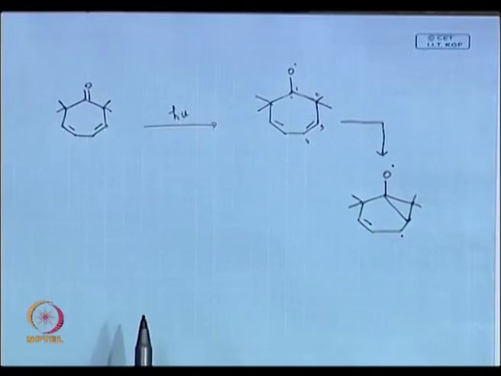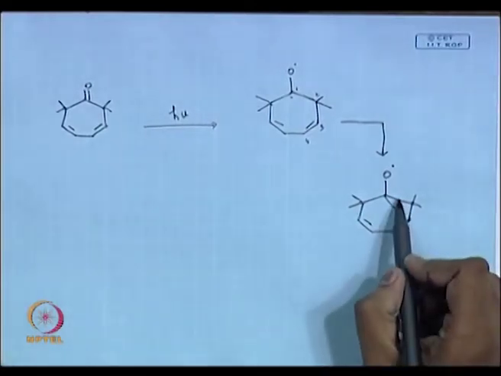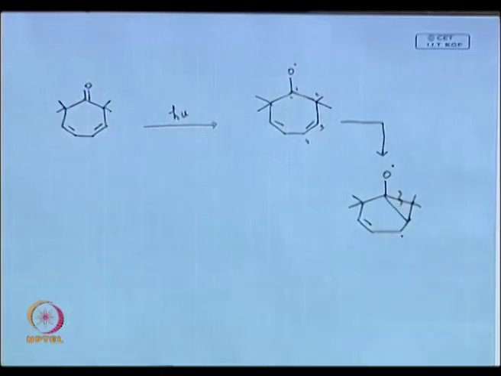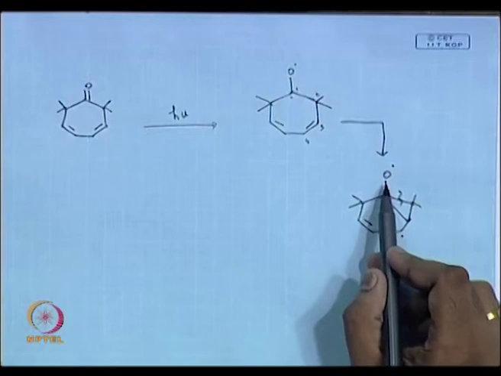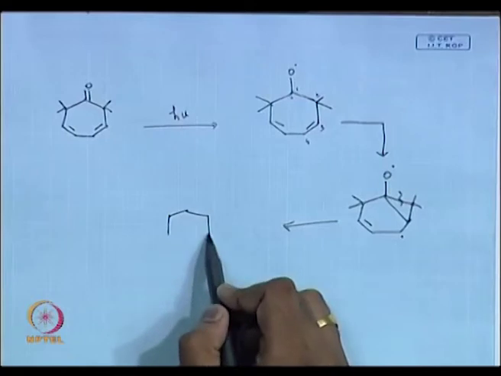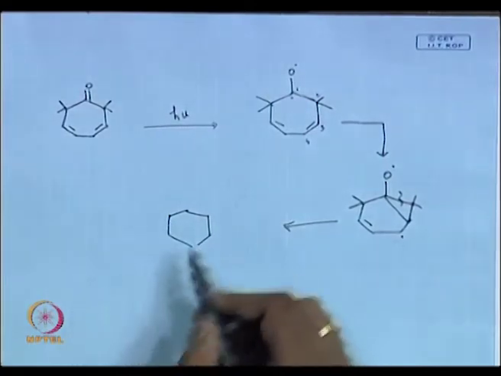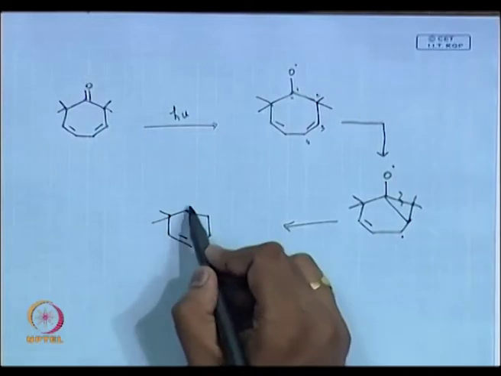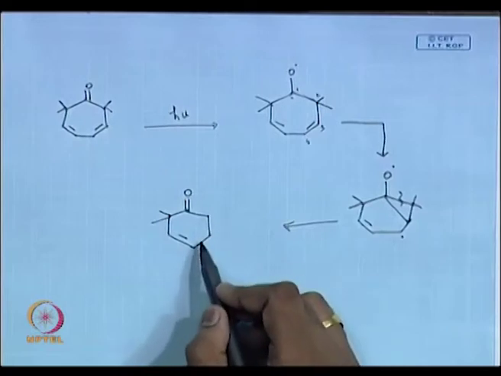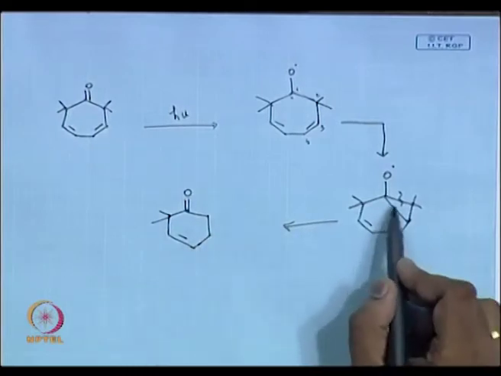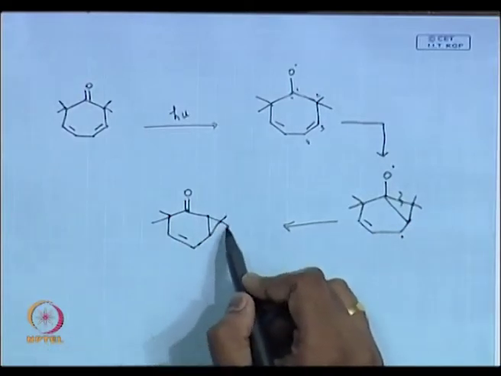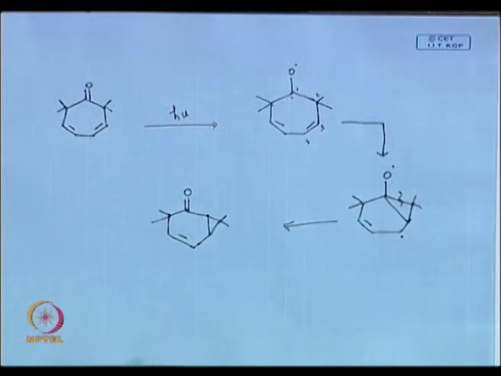Now I can break this bond, right? Because this is newly joined, I do not want to break that. I can break this one to get my ketone back, right? So, it is done. Right, I can get this.